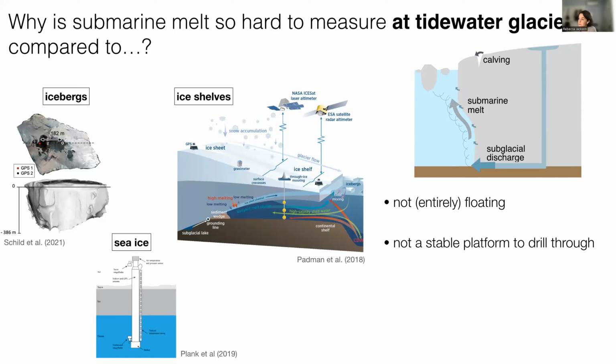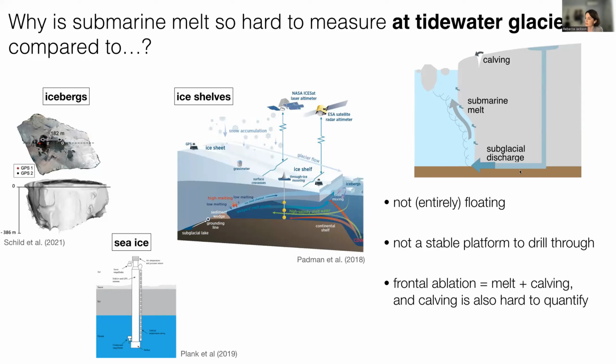We also don't have a stable platform to drill through. Common approaches for ice shelves and sea ice is we drill through and we can instrument the boundary layer, but that's not exactly possible for these calving termini. On the glacier side, there's pretty good constraints on total frontal ablation, so measurements of ice velocity, thickness, and terminus change can give us the sum of melting plus calving.